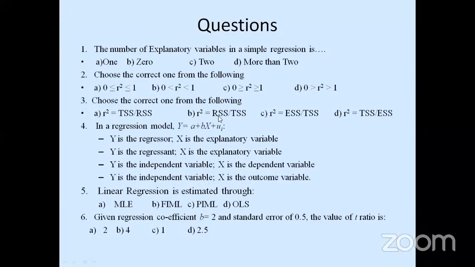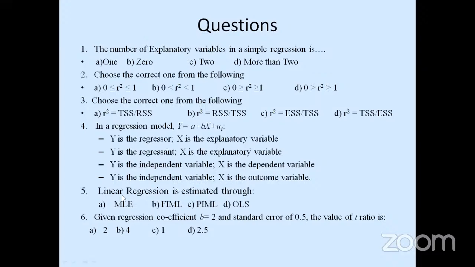You can have RSS divided by TSS. And what will be the answer for the fourth one? First option, sir. Y is the regressand, X is an explanatory variable, isn't it?